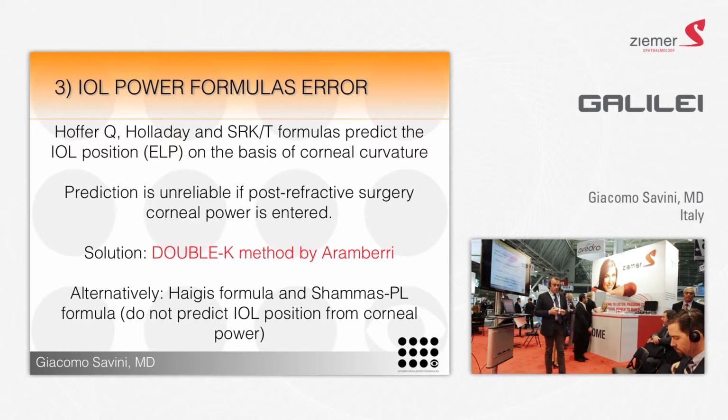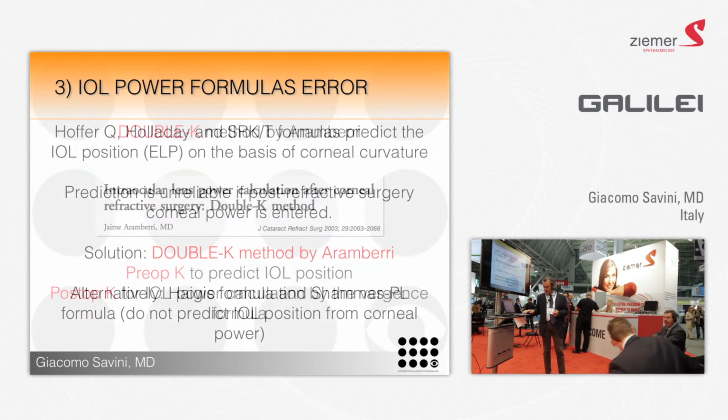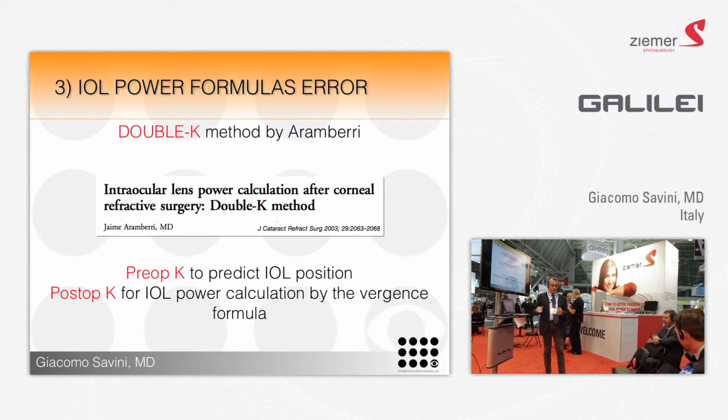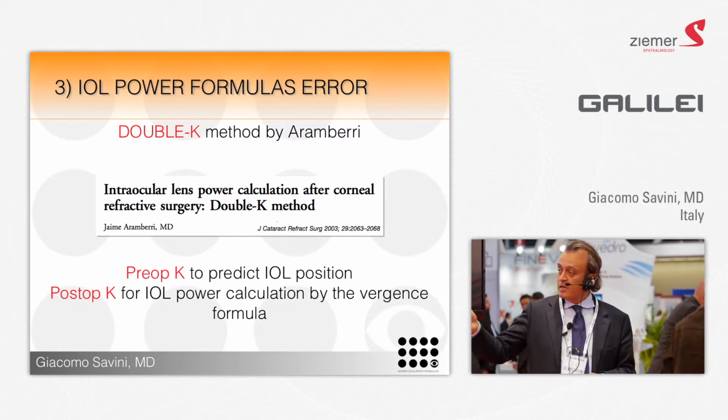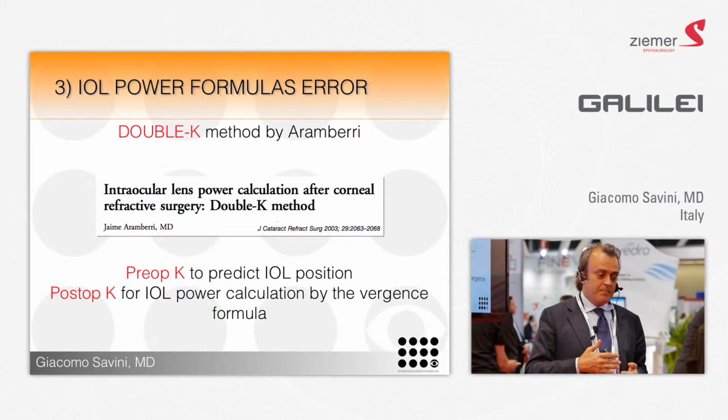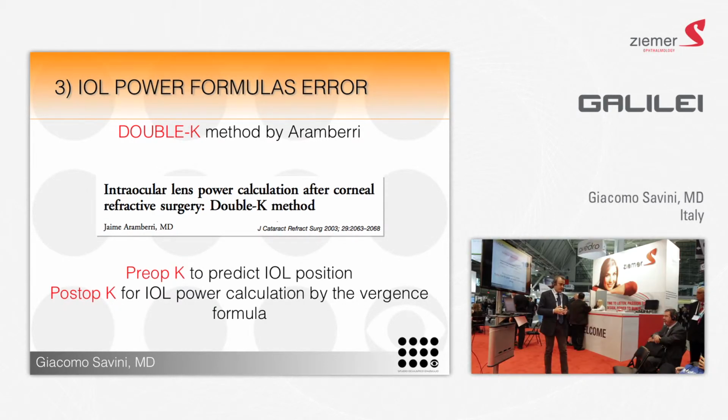This problem was highlighted by Dr. Aramberri from Spain, who proposed the double K method to overcome this issue. So you need to know the postoperative K to get the proper focus of the rays on the retina.